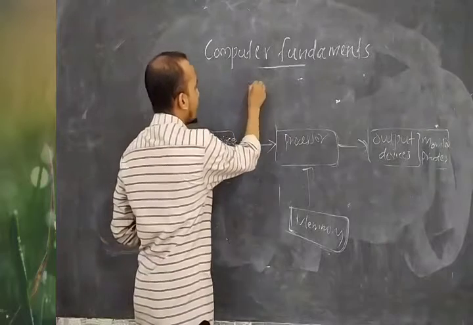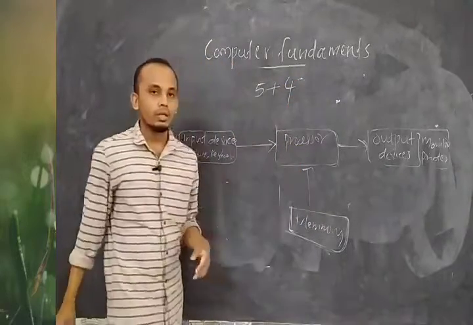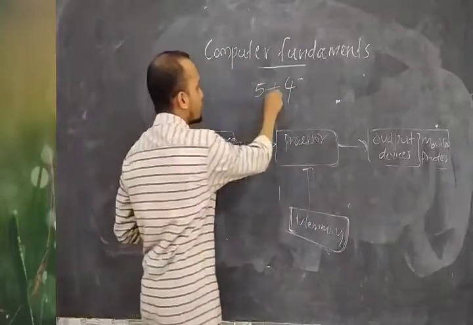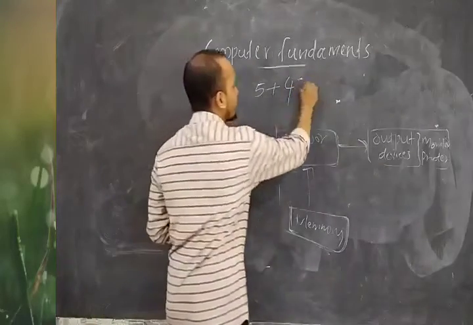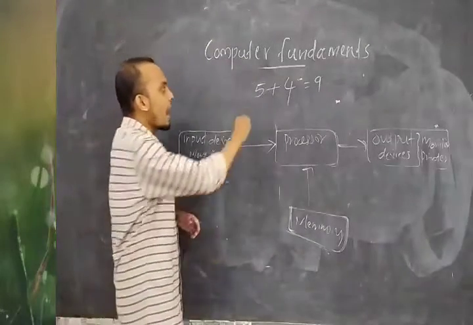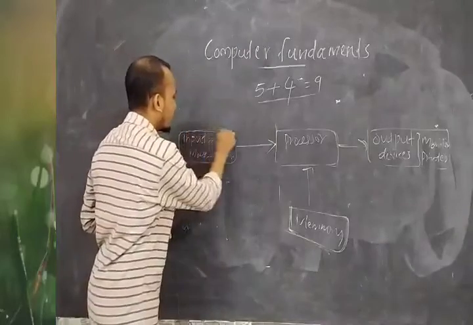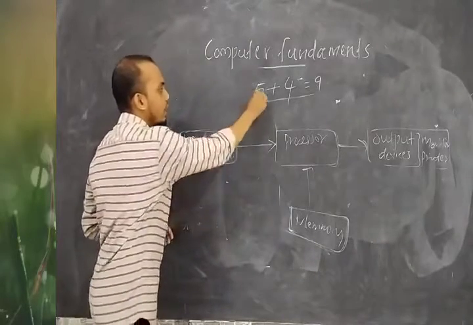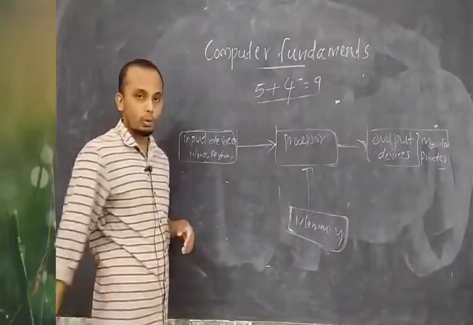If you want to add two numbers, 5 plus 4, what is its result? We will get result as 9. Okay. If you are adding these two numbers with the help of computer, you can give these numbers through input devices, that means through keyboard.